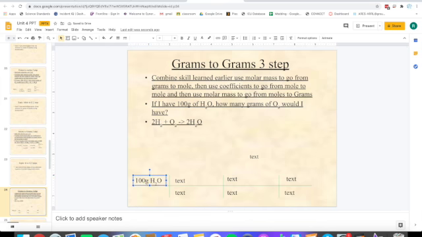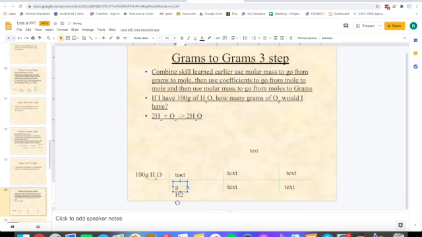If this unit is grams of H2O, then this unit is going to be grams of H2O. And then, like we talked earlier, if this is grams, then you automatically know the one on top has to be moles. Because if one of them's grams, the other one is always moles.